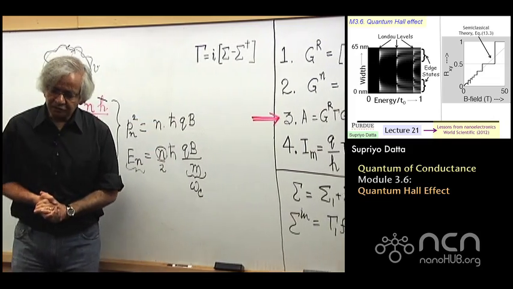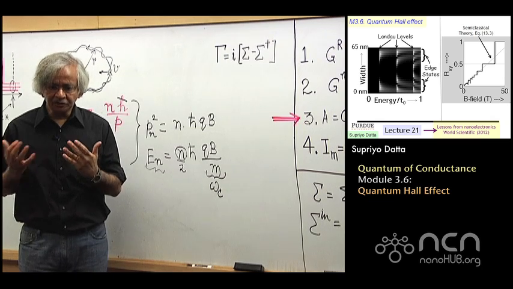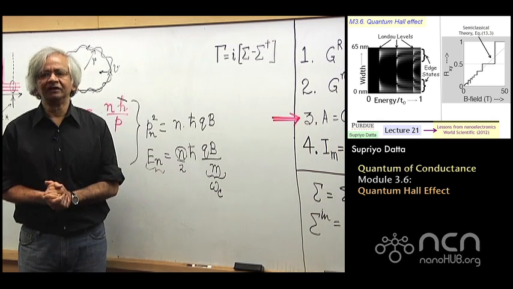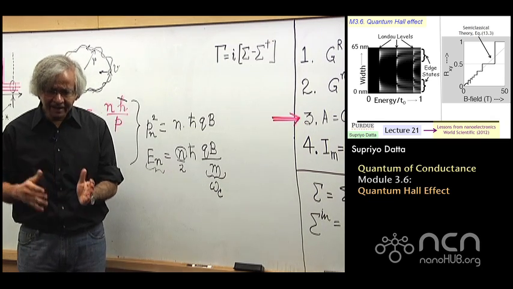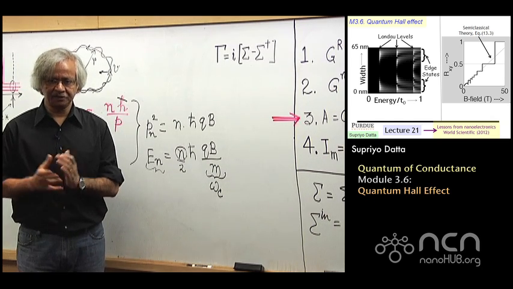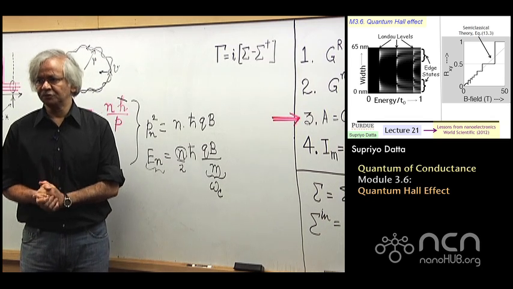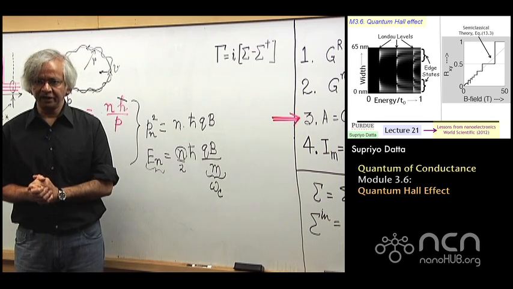And as you know, there are all kinds of effects that are due to what you might call one-electron effects, and then there are many effects due to many-body interactions, many-electron effects. And the latter are, of course, much more difficult, much more subtle, much harder to predict.